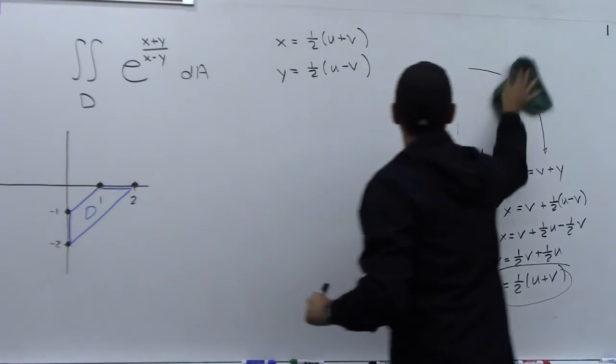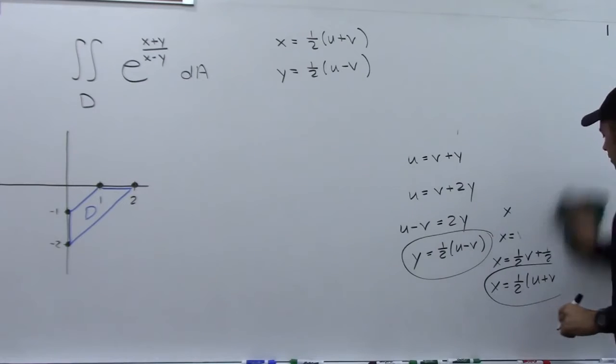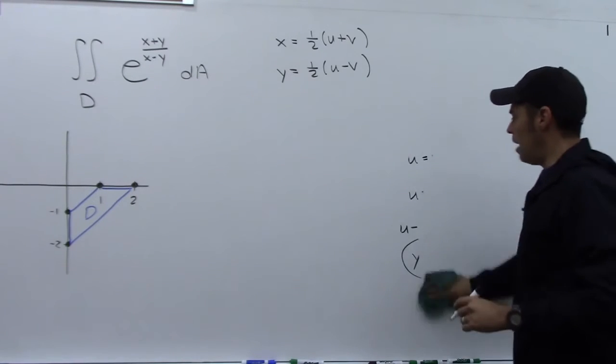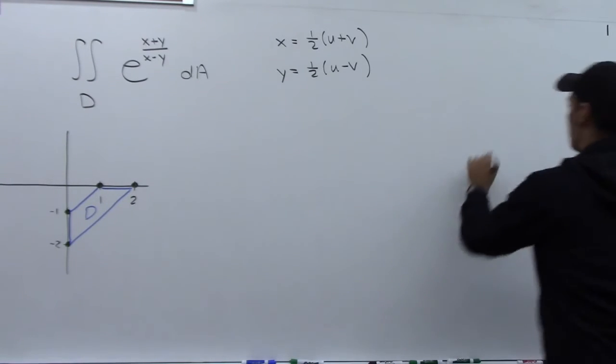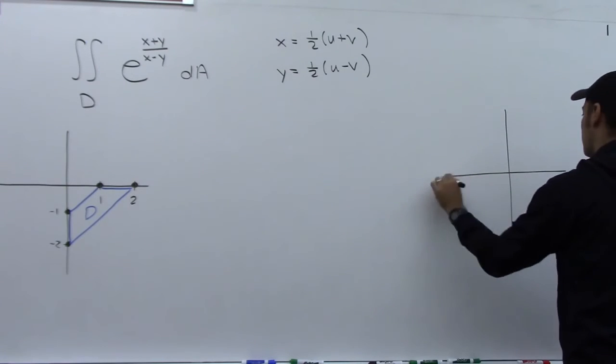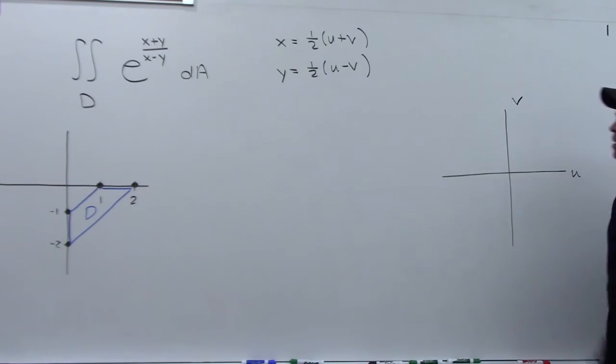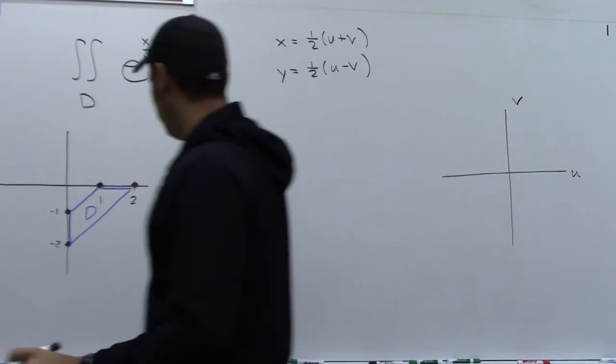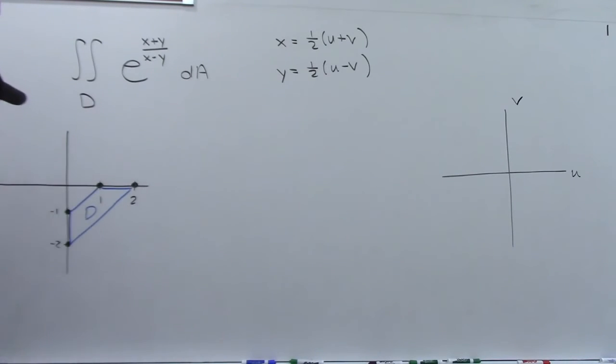All right. Now I'm ready to try and transform that region. So I want that to be transformed into some region over here, in the uv plane. And when I look at this, I've got to figure out what these equations are. So that little line segment right there, that's the equation x equals 0.